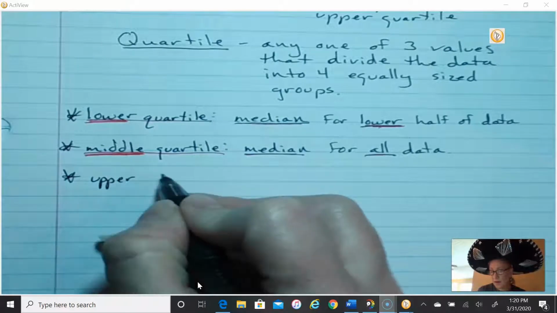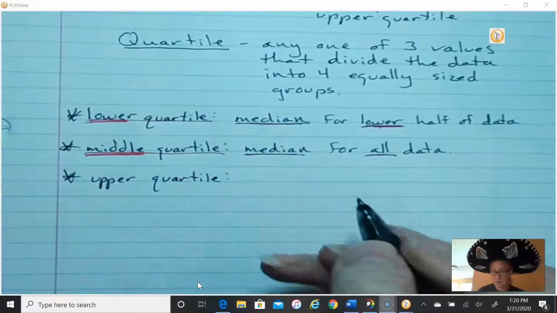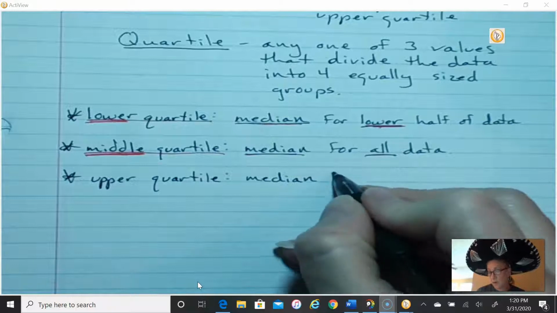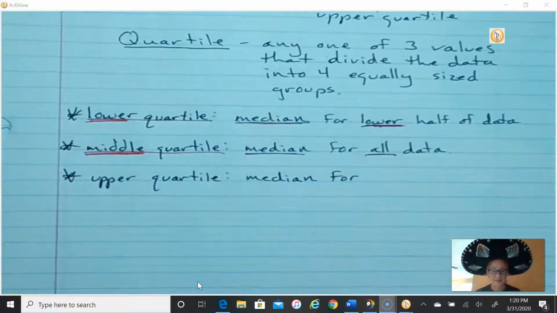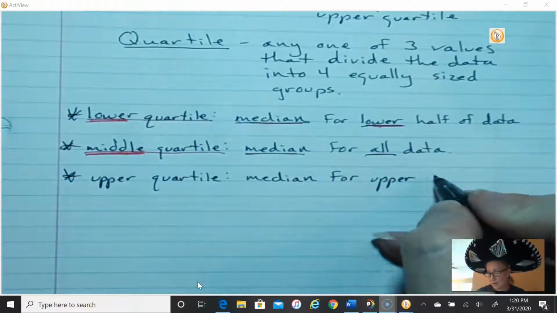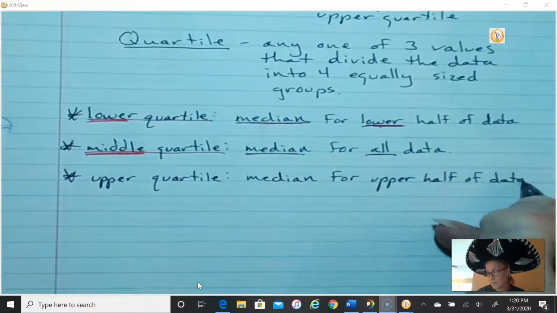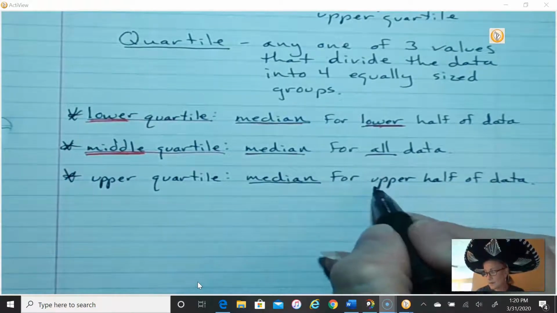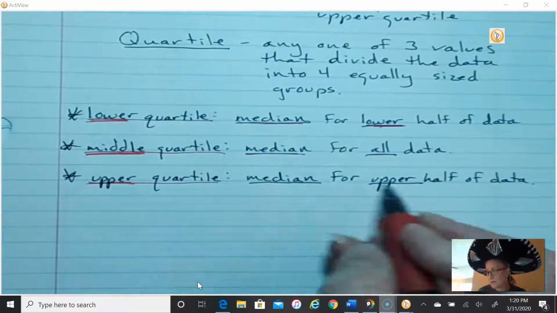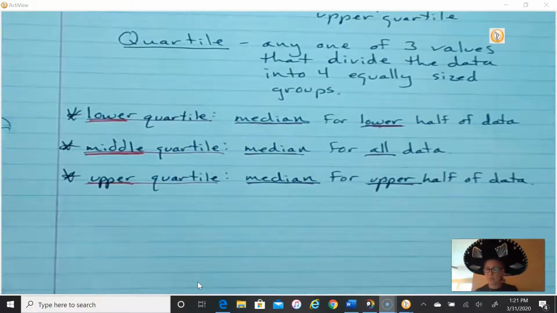The upper quartile is the median for, guess which section? Upper half of data. Okay? Okay.